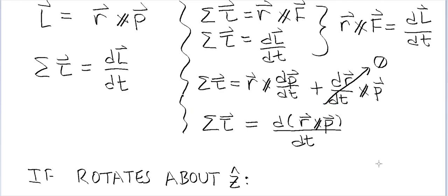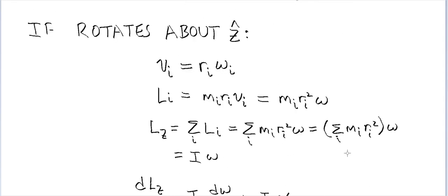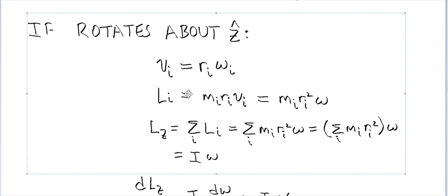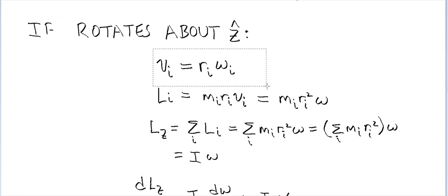Hopefully that's not terrible. If we allow our rolling object to rotate about the z-axis, we could say that v of some incremental little bit of mass, V sub i, is just equal to Ri omega i. And we could say that the angular momentum then is just mi Ri Vi.